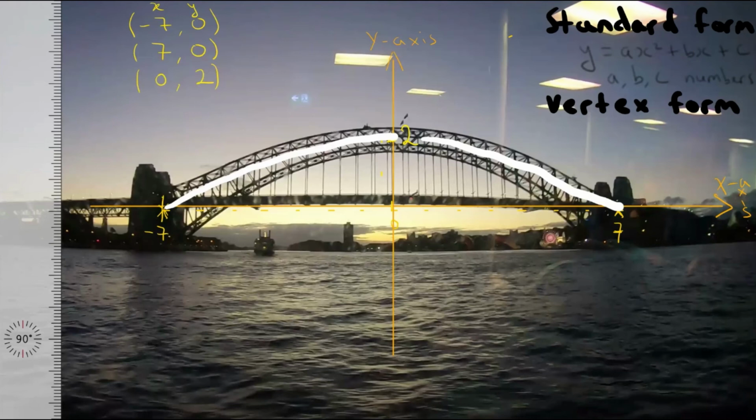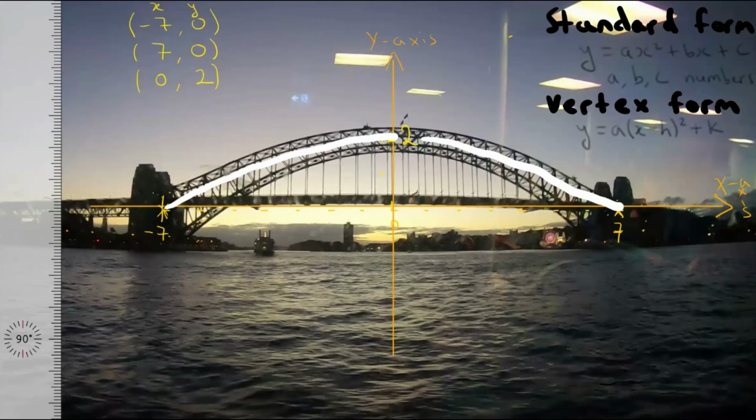The equation looks like the following: y is equal to a, a constant at the front, times x minus h squared plus k. That's the vertex form.